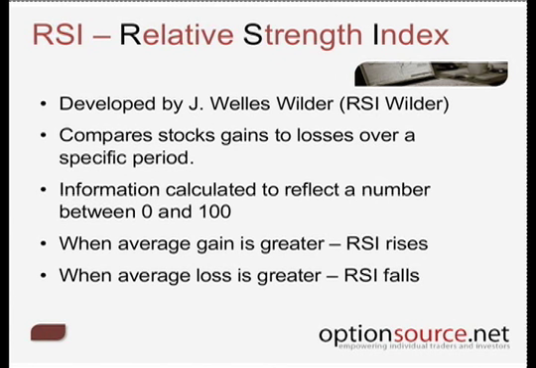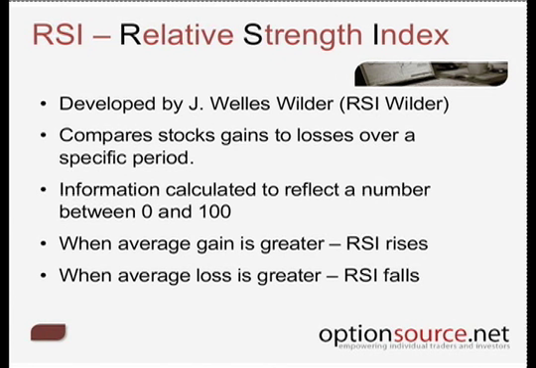And what happens is the information is calculated to reflect a number between 0 and 100. The idea is that when the number of gains is greater than the number of losses over a certain period of time, then you'll see the relative strength index rise. And of course, when the average loss is greater than the average gains on a particular time frame, then you'll see the RSI falling.